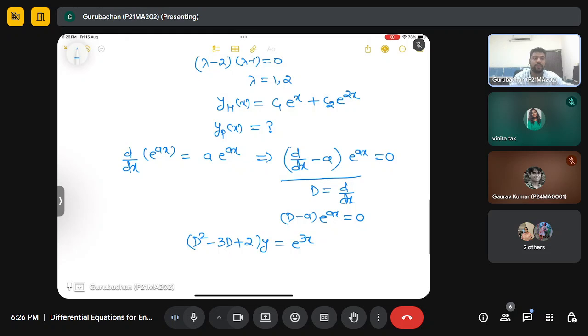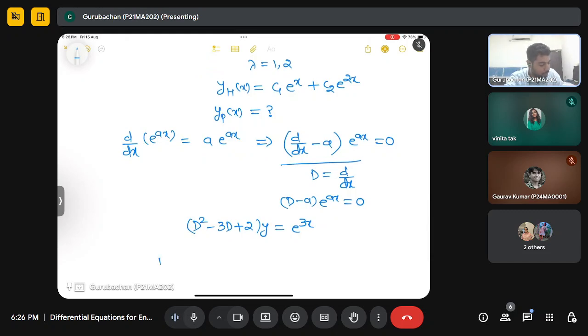We want to annihilate all this differential equation, so we will apply (D minus 3) on both sides. D squared minus 3D plus 2 we can also write as (D minus 2)(D minus 1), applied on y; and (D minus 3) applied on e^(3x) is nothing but 0.